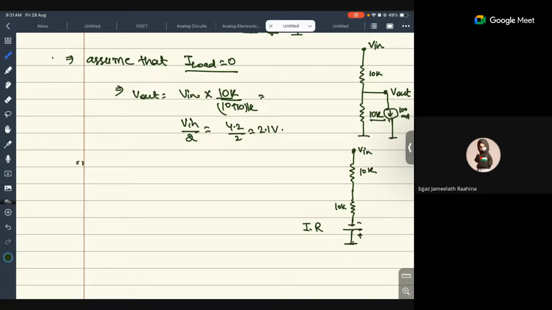Now the voltage of this one is 100 multiplied by 10. Sorry, this is 10 ohm, not 10K. This is 10 ohm. 100 multiplied by 10 times 10 raised to the power minus 3, because of milliampere. So that is 1 volt.